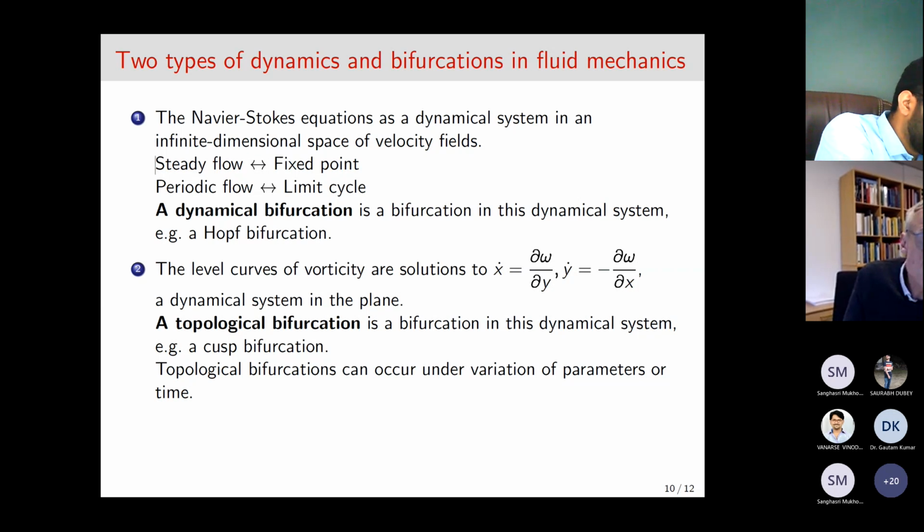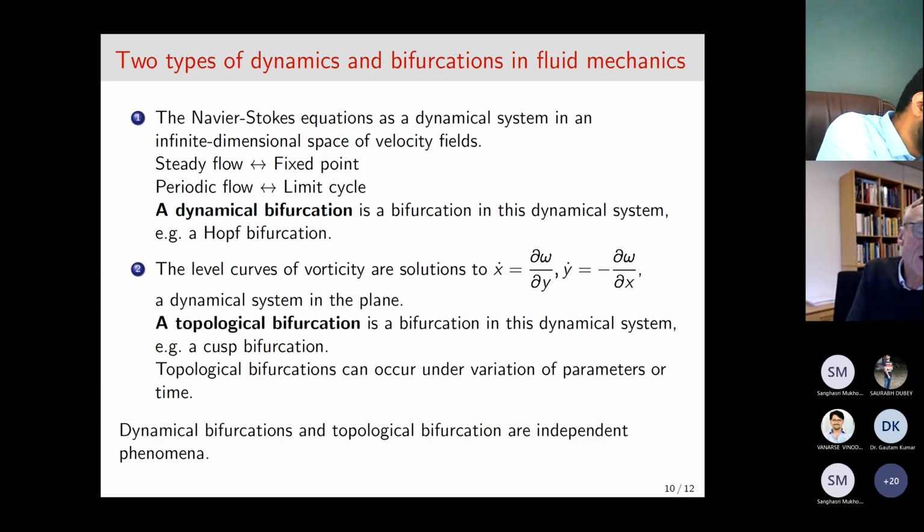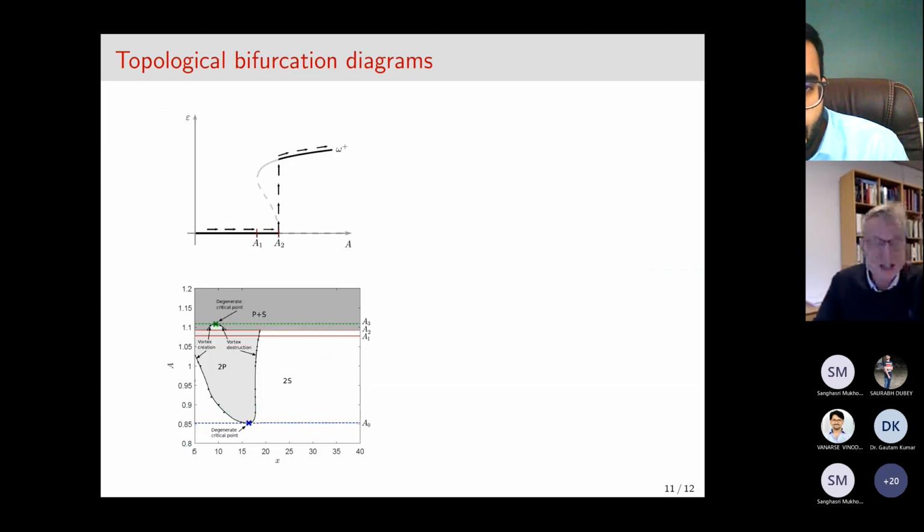So these are different types of bifurcations, and I think it's difficult to understand that they are sort of independent because they happen in, well, the mathematician would say, in different spaces. And we have both here. So these cusp bifurcations are topological bifurcations. The symmetry breaking bifurcation is a dynamical bifurcation in infinite dimensional space.